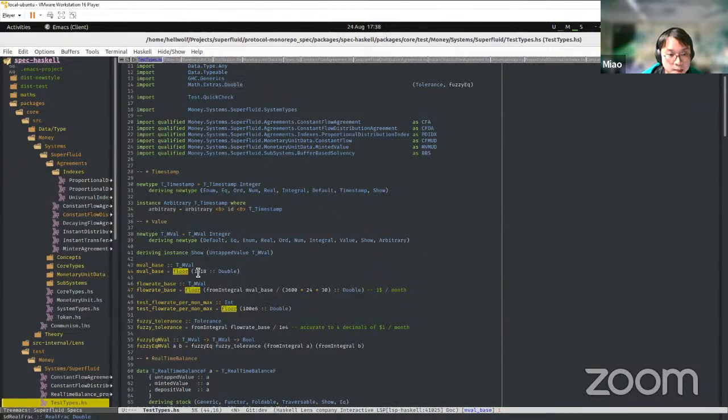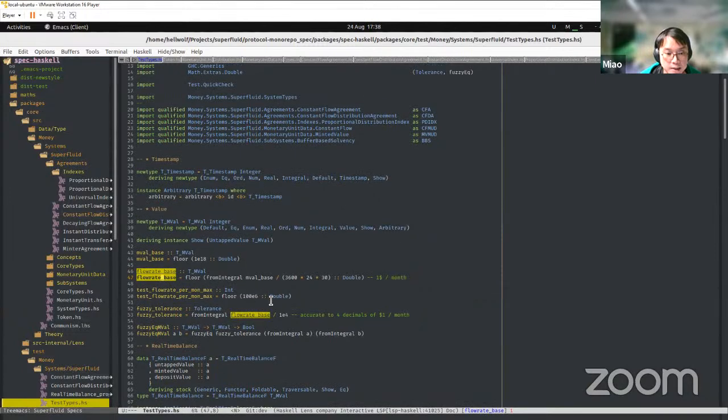But in general, what's happening here is that the fixed point base is 18 decimals, like in EVM. And the flow rate base, for testing purposes, I make an integer multiplier of $1 per month, just to make it easier to understand in human minds. Right, so $1 per month is a base.